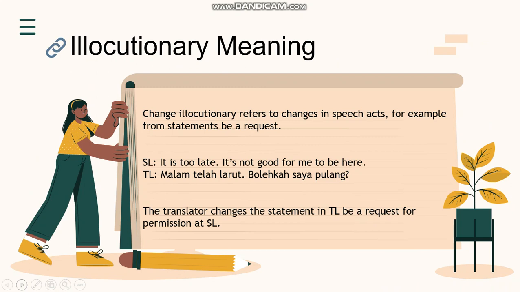While in the target language, the translator translates it into "malam telah larut, bolehkah saya pulang?" So from the example above, we can see that the translator changed the statement in the source language, "it's not good for me to be here," into a request for permission in the target language, "bolehkah saya pulang?"